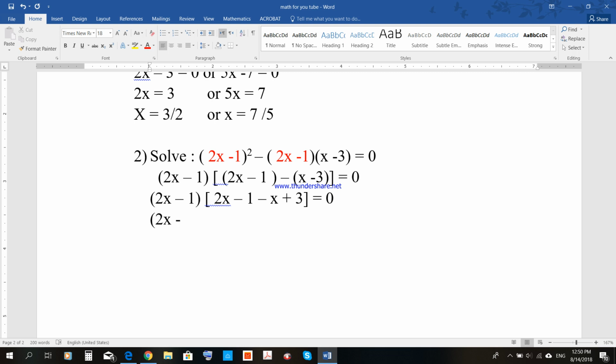We rewrite 2x minus 1 every time, and then reduce the second bracket.